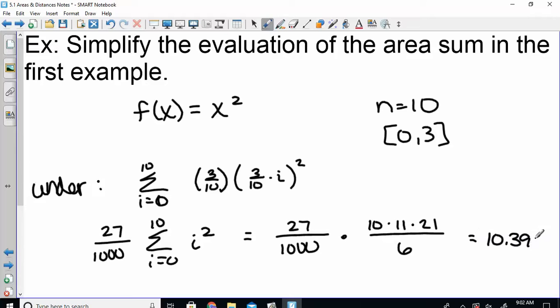Actually, we have a problem here, because here's something that I failed to talk about. This is actually going to turn out to be our overestimate. Here's why. When you do the formula, what does it assume i starts with? 1. So we tried to fix it by making it start at 0, but if I do that, then I can't actually use the formula.